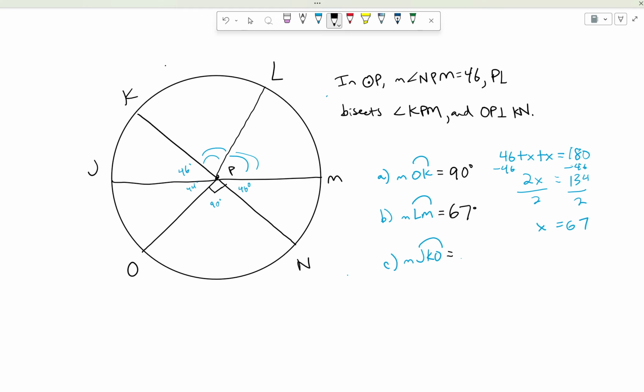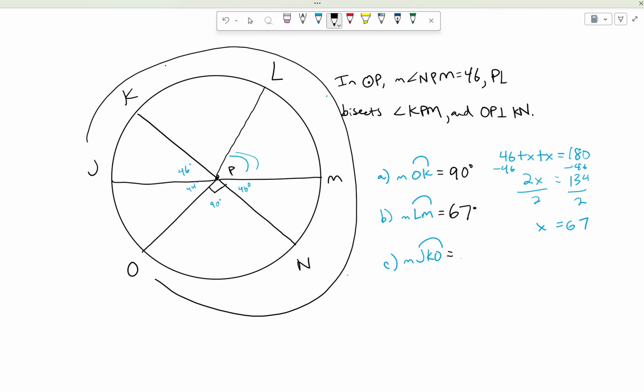JKO. So last one here. All right, that's our major arc. So J to K to O. All right. It's the entire circle, but we got to back out that 44 right there. Okay. So we're going to go, it's going to be x plus 44 gives us 360.